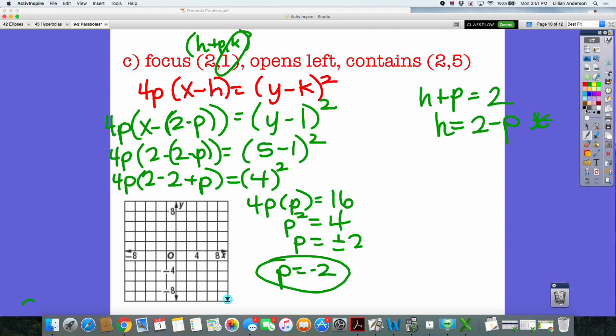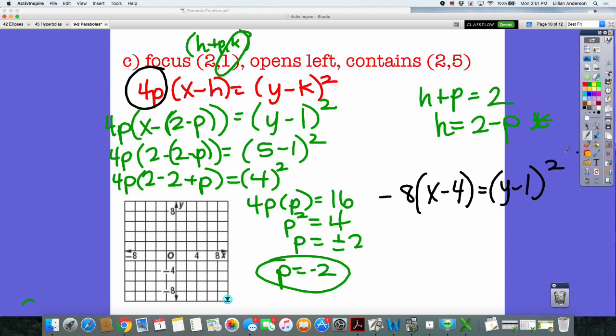So my final answer, my equation: if p is negative 2, what's this number up here at the front? Negative 8. So it's going to be negative 8 (x - 4) equals (y - 1) squared. h was positive 4 because I took that negative 2, which was p, and plugged it in.